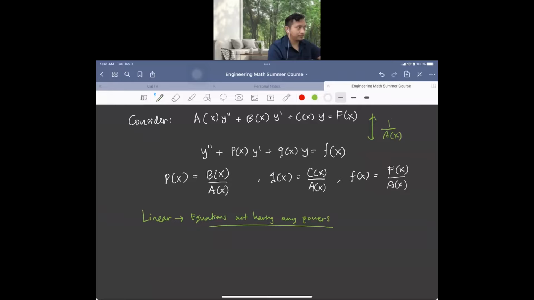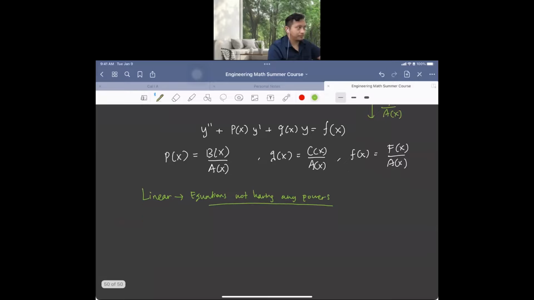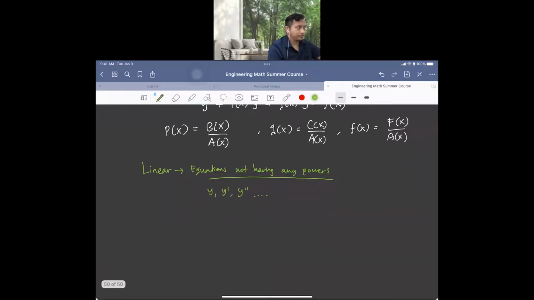I think that is quite simple enough to understand. Especially remember that the objects that we are going to observe are y, y prime, y double prime, etc.